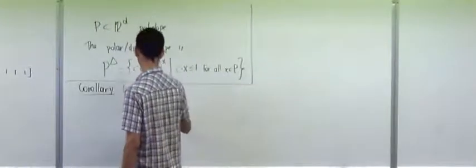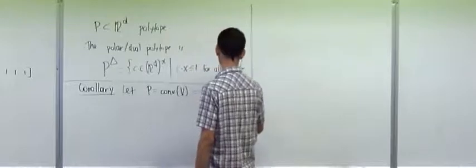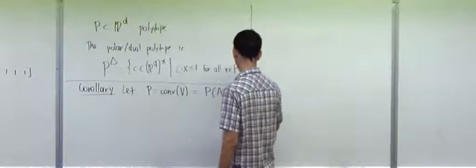So let's say that my polytope is the convex hull of V, and it's given by the inequalities Ax less than or equal to 1.